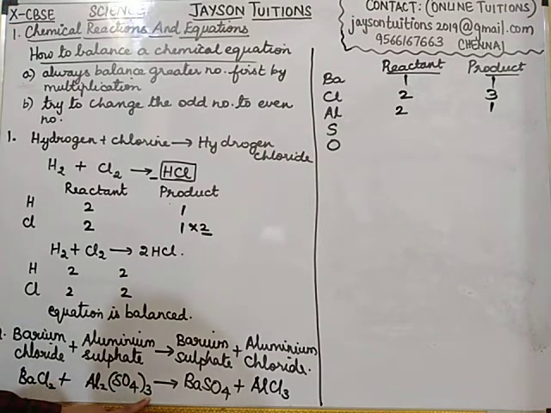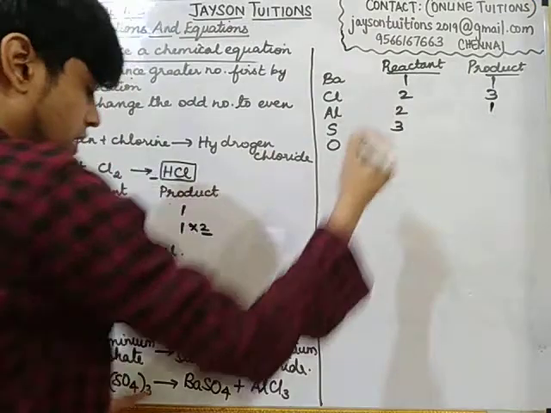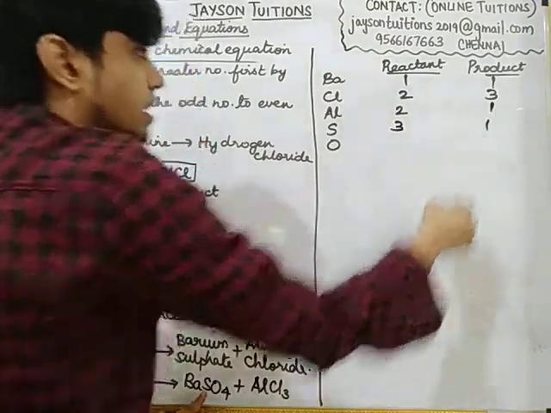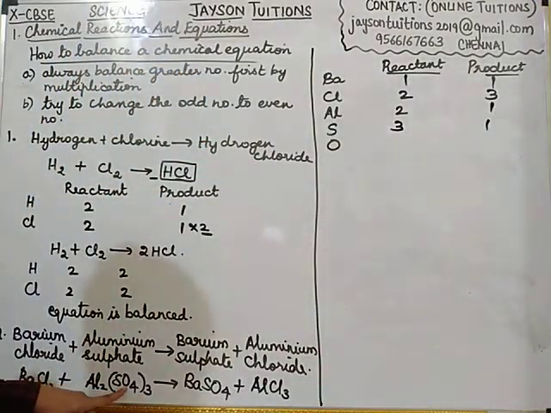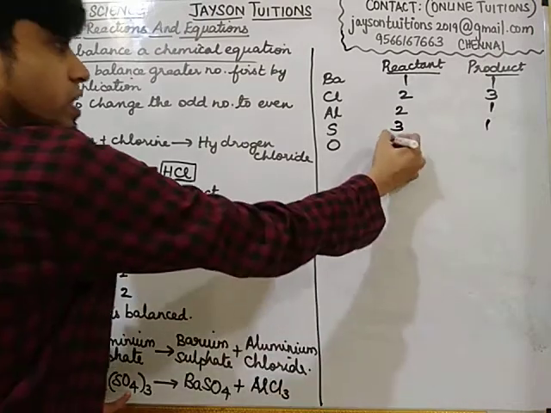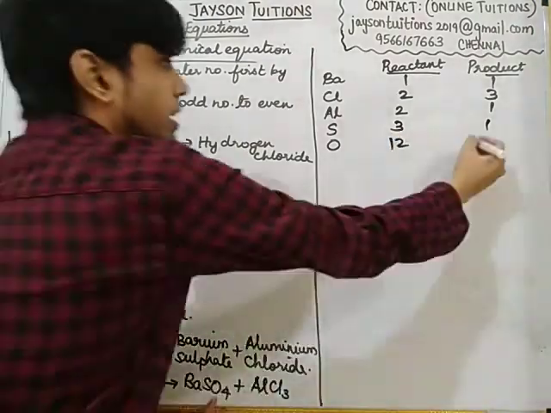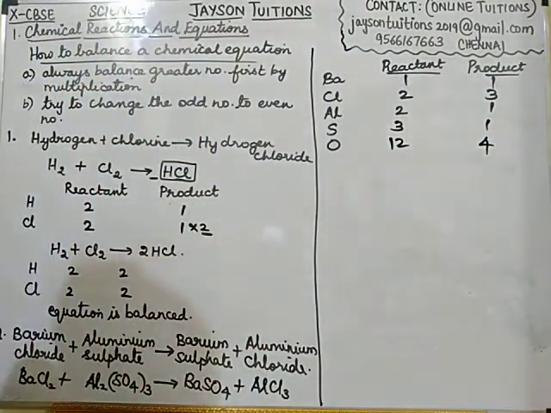So that means this 3 is common for both sulfur and oxygen. So 3 ones are 3 sulfurs. Here it is only 1 sulfur. And oxygen, 4 threes are 12 oxygens. And here it is 4 oxygens.